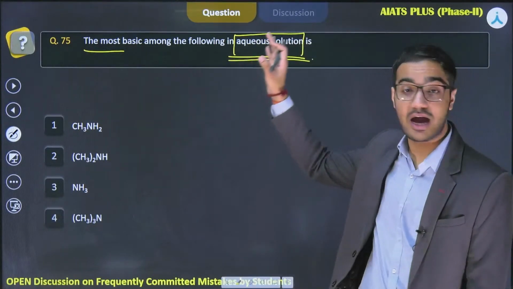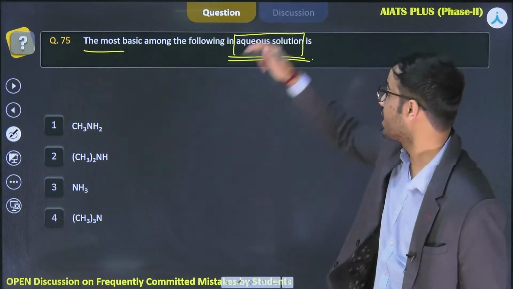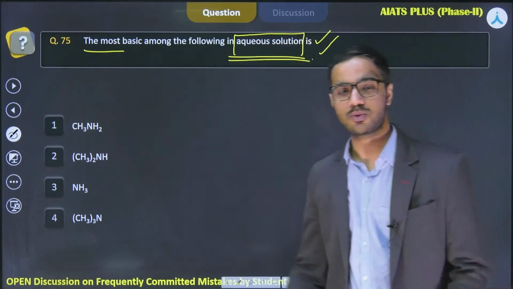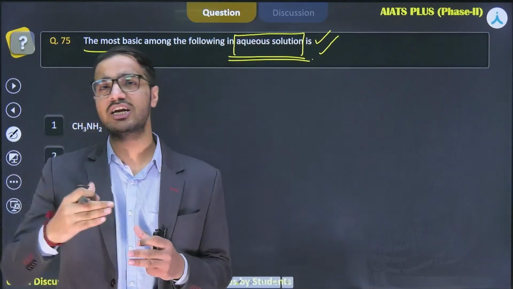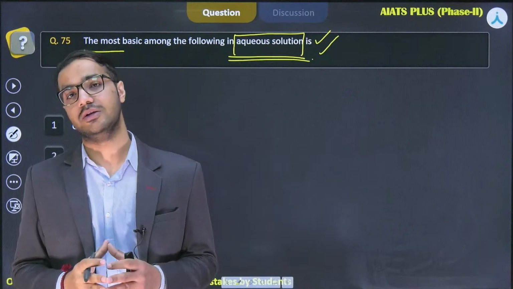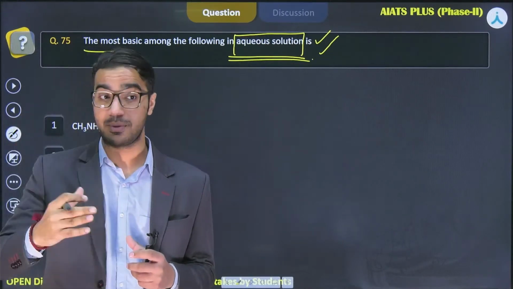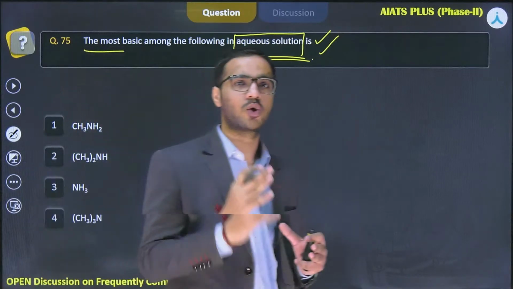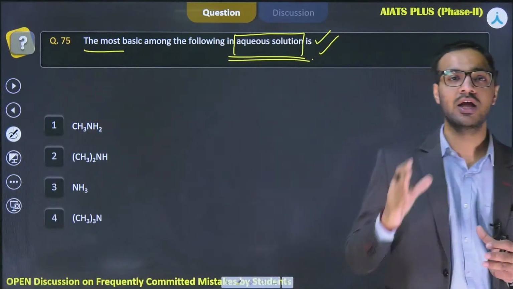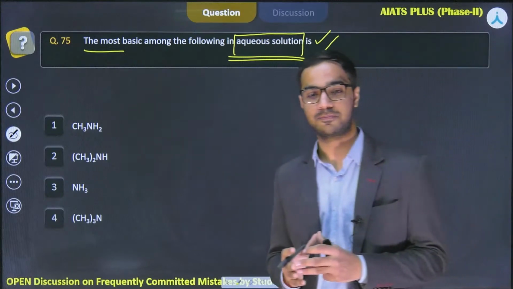And we are dealing with the basicity of amines in aqueous solution. So before dealing with this concept, we will discuss each and every point regarding the basicity of amines, starting from the vapor phase, then we will come to the aqueous phase, so that every question regarding this concept will be cleared and no more mistakes can be made.